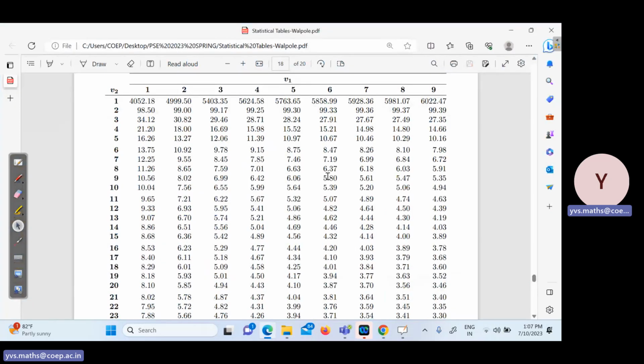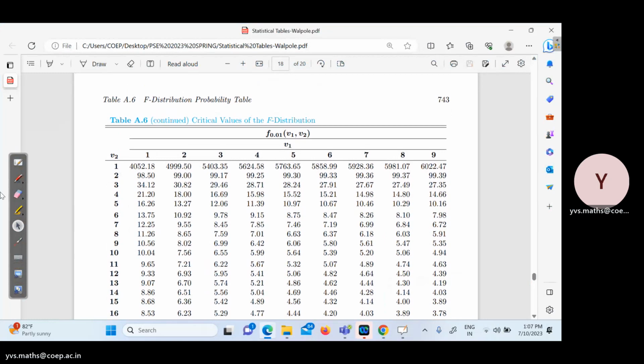If I open this statistical table, you will see that at the top of this table it is written that these are the critical values of F distribution, where the suffix of F is 0.01 over here. Nu1 and nu2 are analogous to m and n, which represent degrees of freedom.